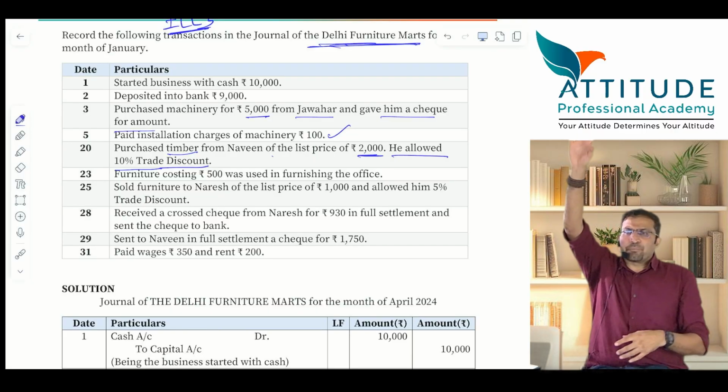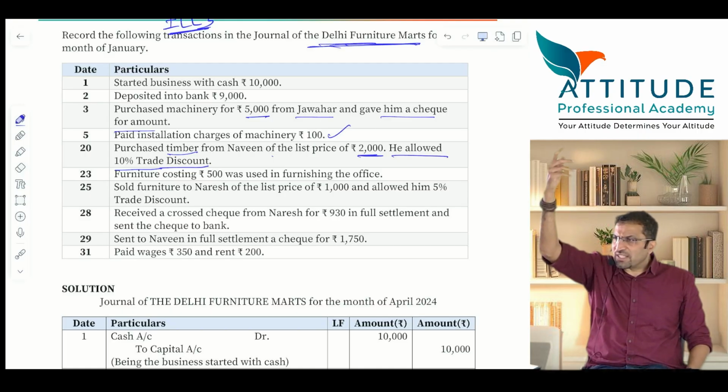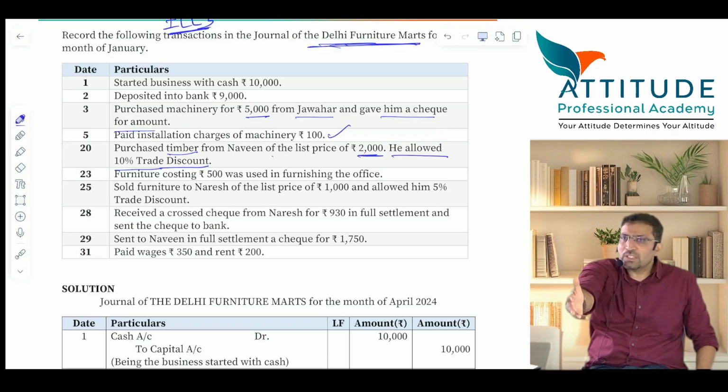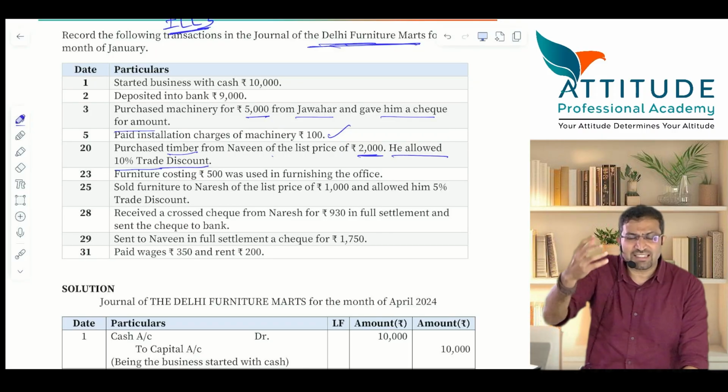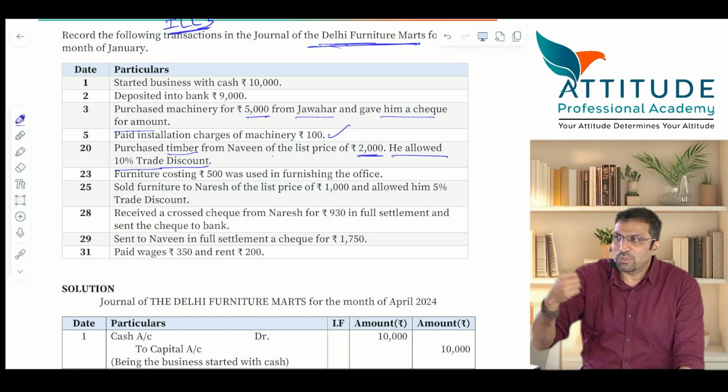Now, I am the wholesaler, or a manufacturer. I am selling the goods to the retailer. So when I sell the goods to a retailer, it is like B2B, business to business. It is not B2C. I am not directly selling it to the customer.